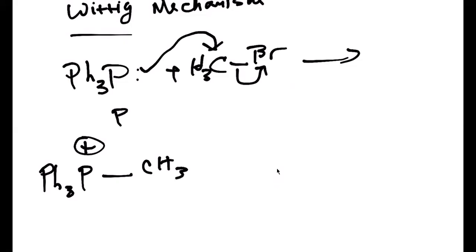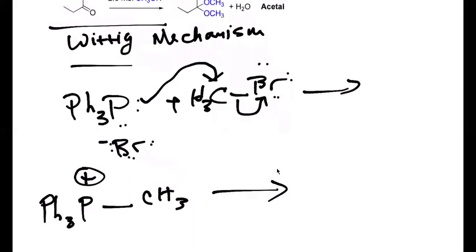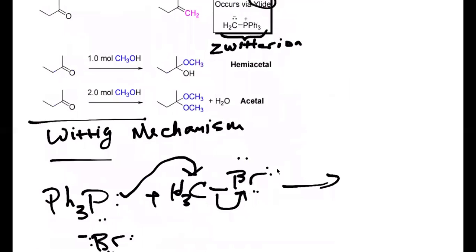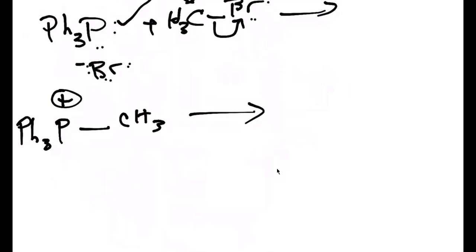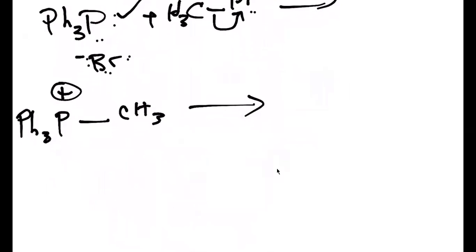And then the bromine just forms a salt with that. All right. So then in the next step, that's when you need the base. So I had potassium tert-butoxide up top, but you really can use any strong base, but we'll stick with that one though.